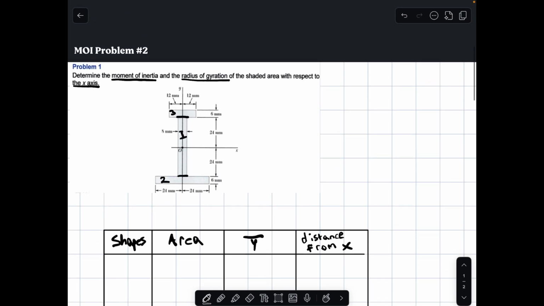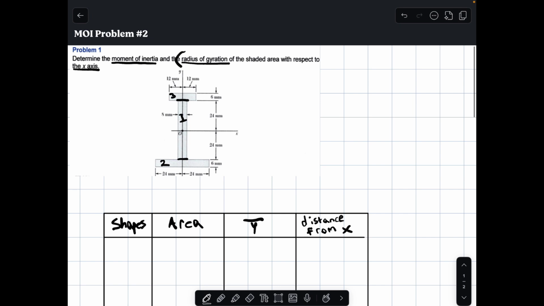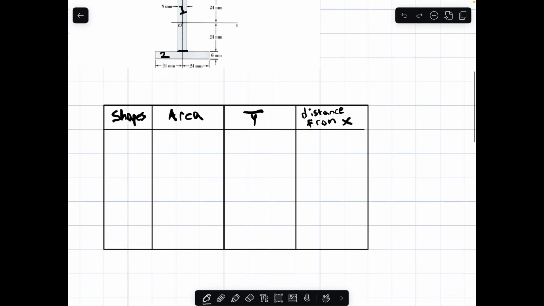And since we need to find the radius of gyration, we're also going to need the sum of all the areas of the shapes. So I'm going to add another table so I can add the areas together.